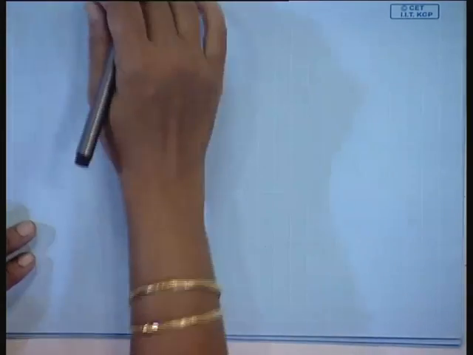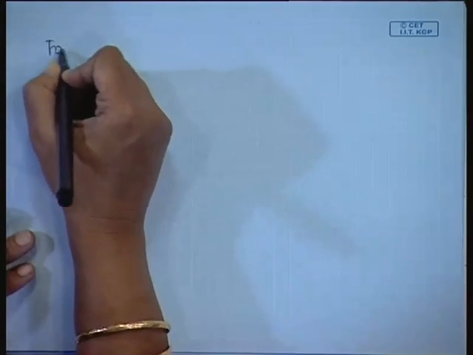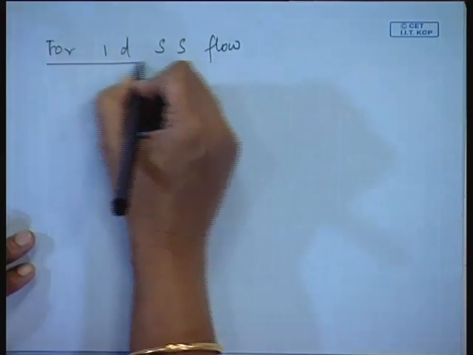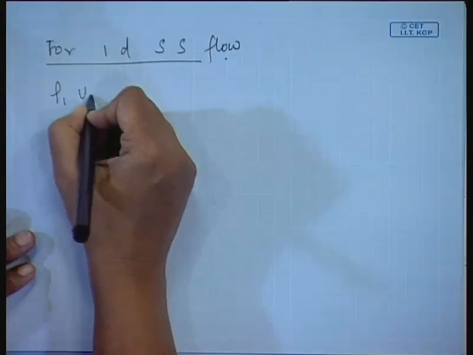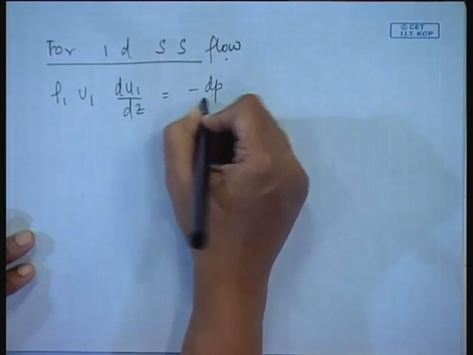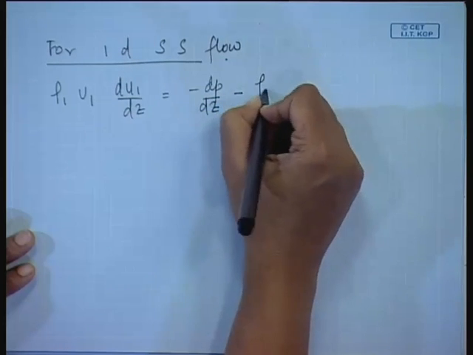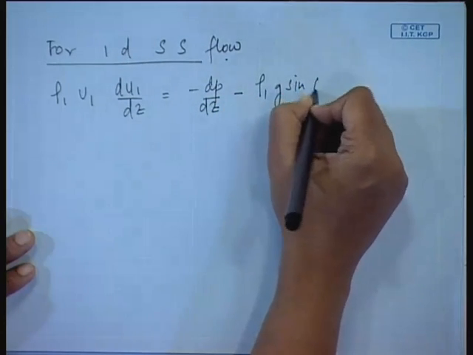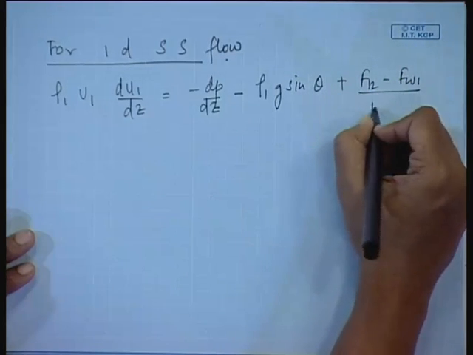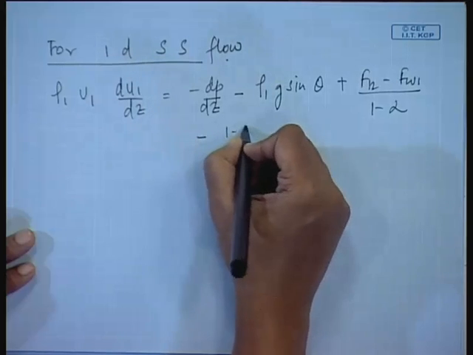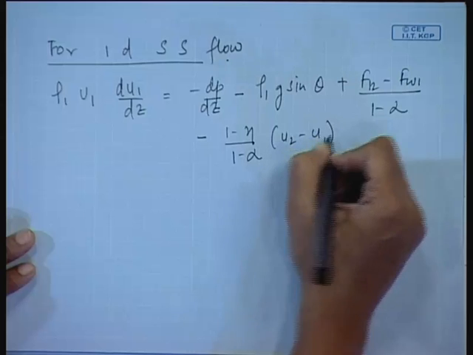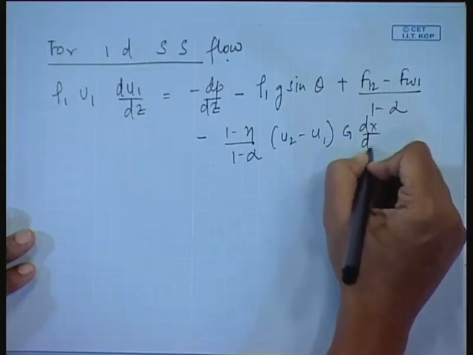The final expressions we get for one dimensional steady state flow are: rho 1 u1 du1 dz, there is no delta here, equals minus dp dz minus rho 1 g sin theta plus F12 minus Fw1 by 1 minus alpha minus 1 minus eta by 1 minus alpha times (u2 minus u1) g dx dz.